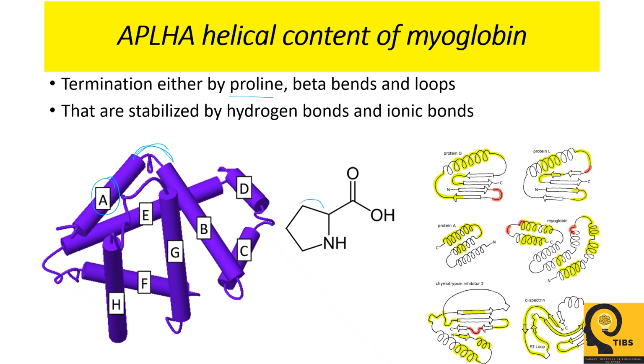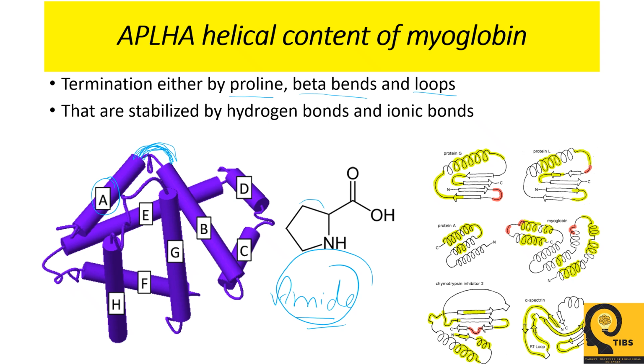Because proline has a ring nitrogenous group in its side chain, so it cannot be accommodated in the helical structure and is forced to fold. Beta chains, as we studied in the previous chapter, and loops can also be present in the bends.